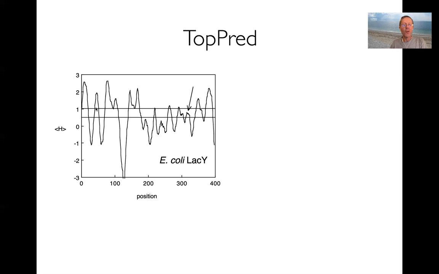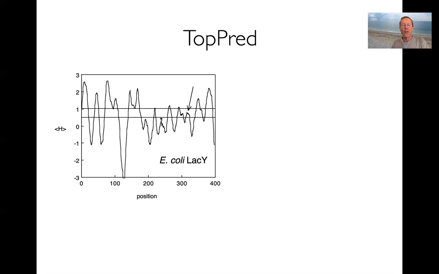What you can do is find a cutoff that you push high enough that you can be pretty confident that anything above this cutoff is indeed a transmembrane helix. So that's the upper line here. But the price you pay is that there will be some peaks like this one and this one and this one, which will fall below that cutoff, but still might be considered potential transmembrane helices. And you wouldn't be able to tell whether or not it is.